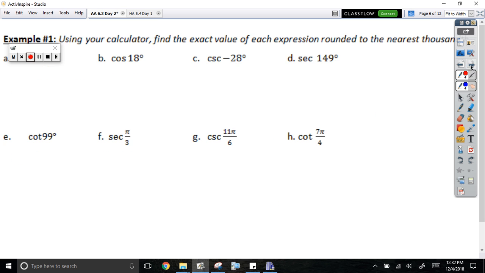Cotangent of 99. You can give me that one. Someone else? Kara? You got it. And that would be 1 divided by tan 99.